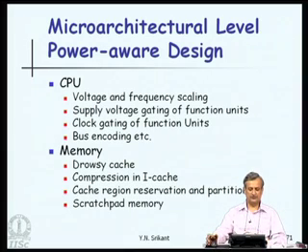We are going to look at each of these a little more in detail. Then we can gate the clock of function units, and we can do some bus encoding for the buses inside the CPU. And on the memory front, a new type of memory called the drowsy cache can be utilized. It has a facility to switch off power supply to several cache lines which are not active.